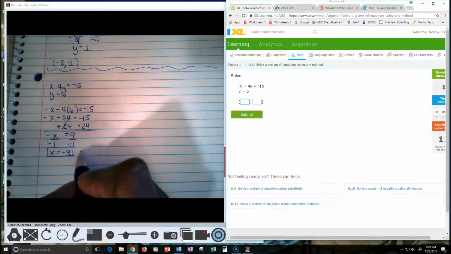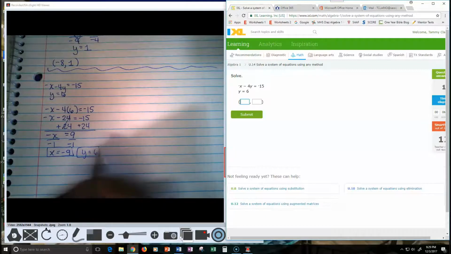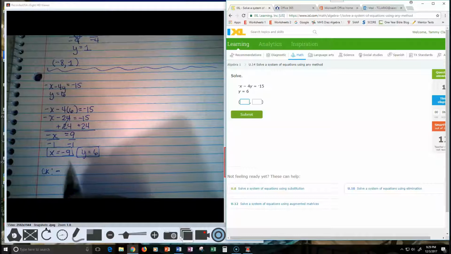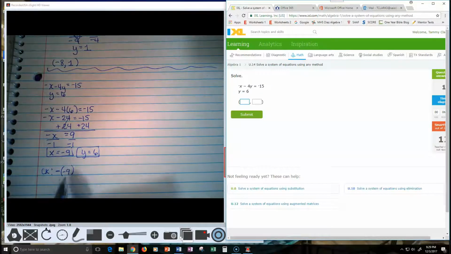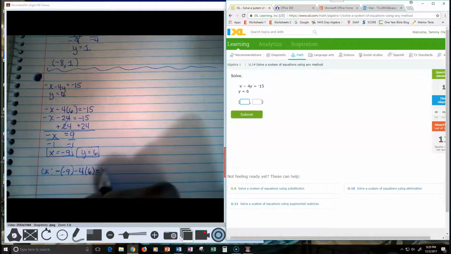And I know that y is equal to 6. Let's go ahead and check. So I'm going to substitute inside the first equation. So I have negative, that's part of the equation, and my x is negative 9. Please don't forget that this negative is not the same as this negative. Minus 4 times 6 is equal to negative 15.